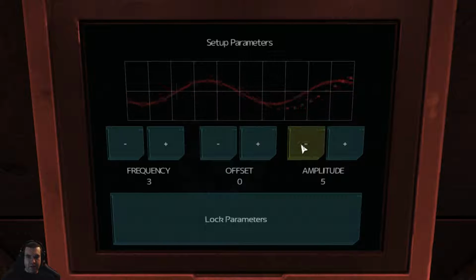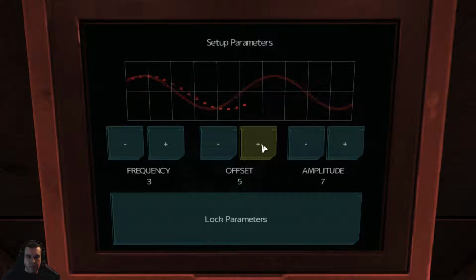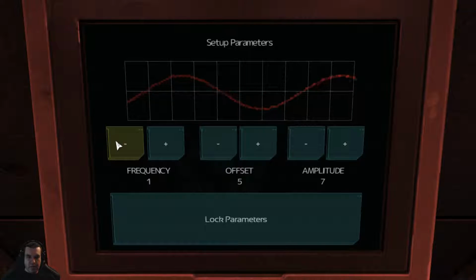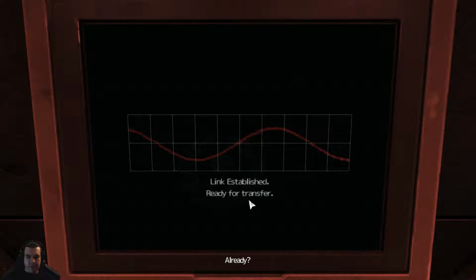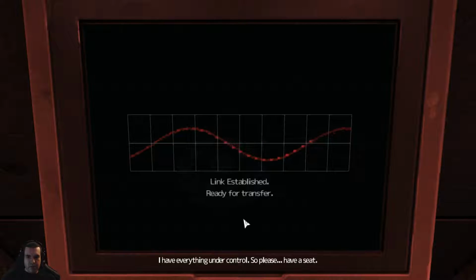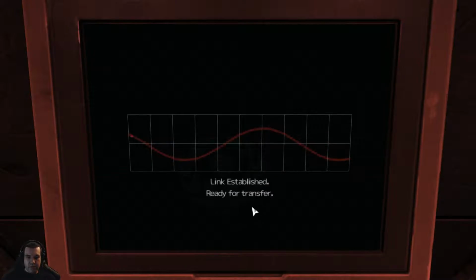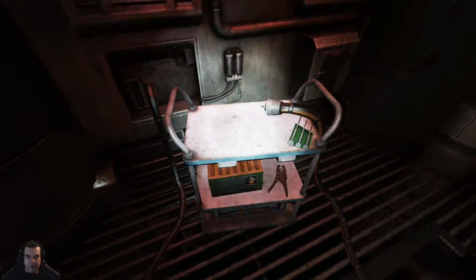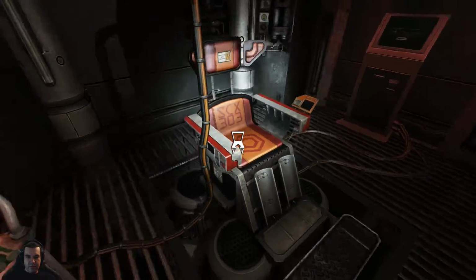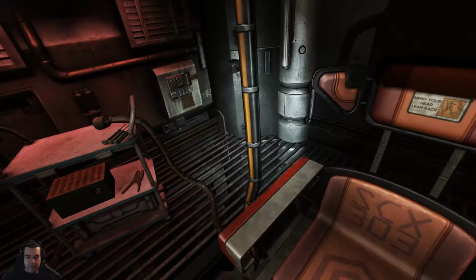Oh, that's not good. There we go. Dead on. That's everything. You can climb into the pilot seat now. Already? I have everything under control, so please, have a seat. Everything is under control. Go sit in the pilot seat.